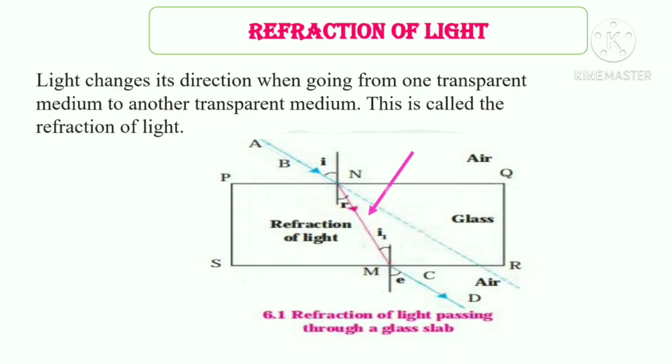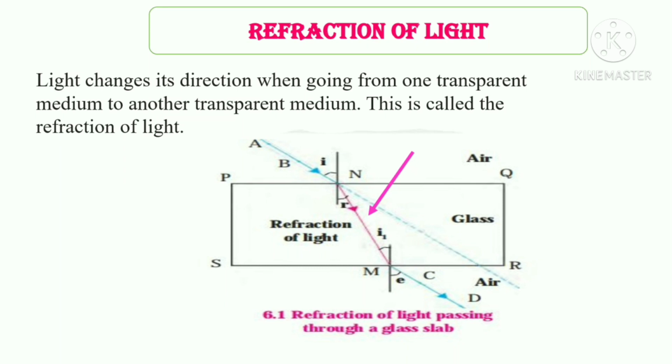Let us now proceed to the next part of the lesson, that is refraction of light. Light changes its direction when going from one transparent medium to another transparent medium. This is called refraction of light.